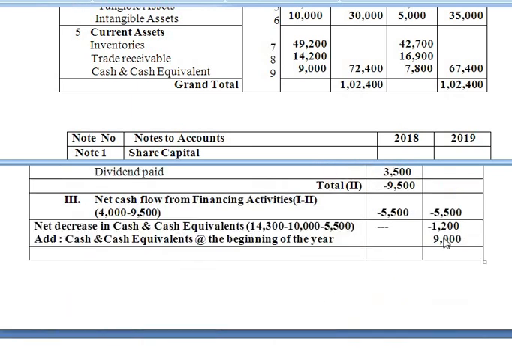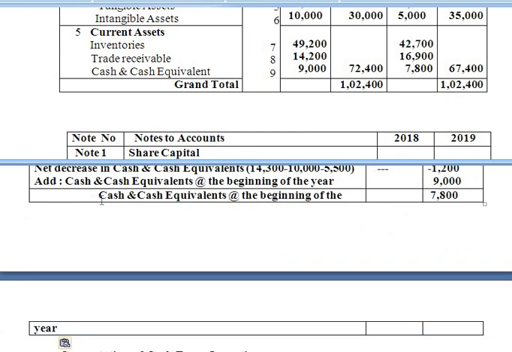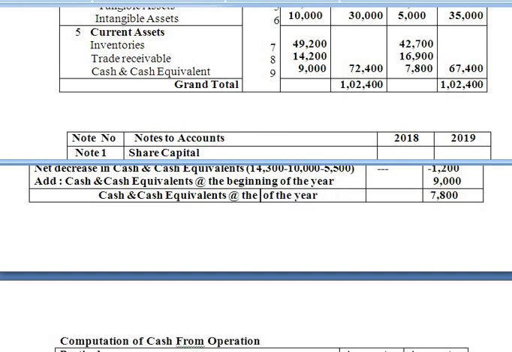So minus 1,200 plus 9,000. So balance is how much? 7,800. Okay. Now what is this 7,800? 7,800 is cash and cash equivalent at the end of the year. Okay. So next line write cash and cash equivalent at the end of the year and verify the amount given in the balance sheet and the answer what we have calculated here.